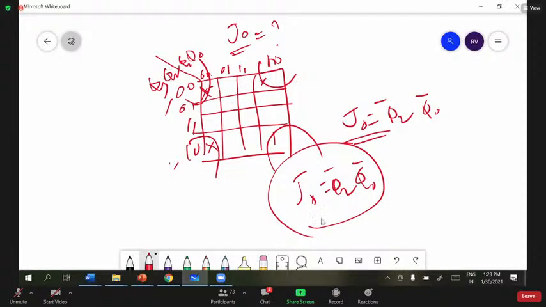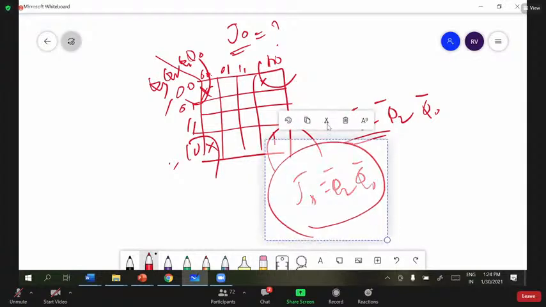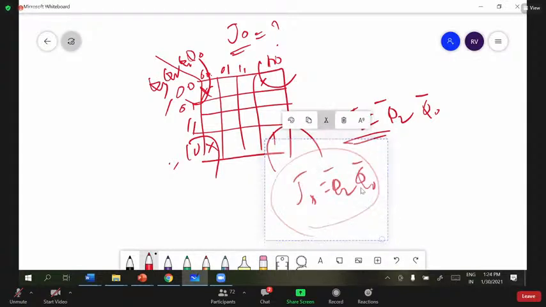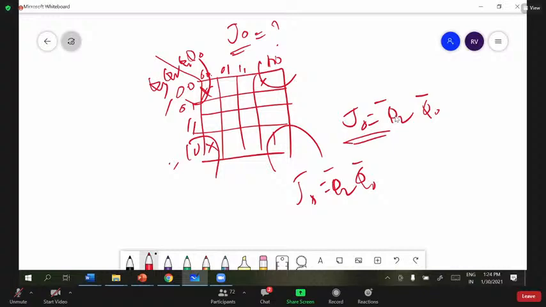Any doubt? The counter circuit is very simple, and even if you know the basics of this, you can design it and write VHDL code also.